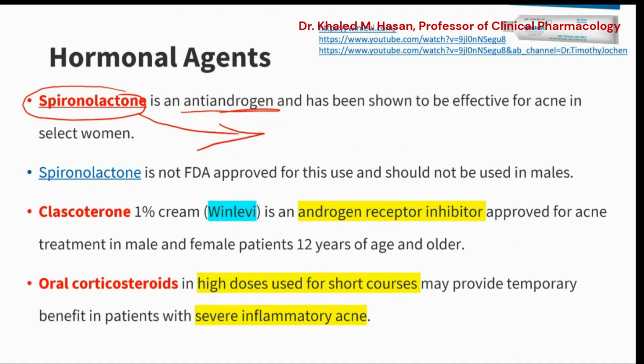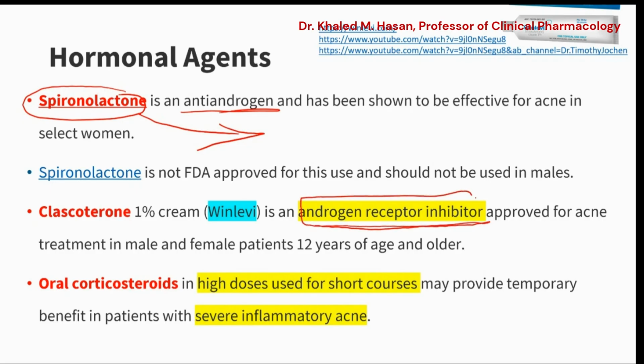The first one for the hormones was oral contraceptive. And the second one will be spironolactone. We use it for acne because of its anti-androgenic effect. Then the pharmaceutical company started thinking about developing a medication that works as an androgen receptor inhibitor.